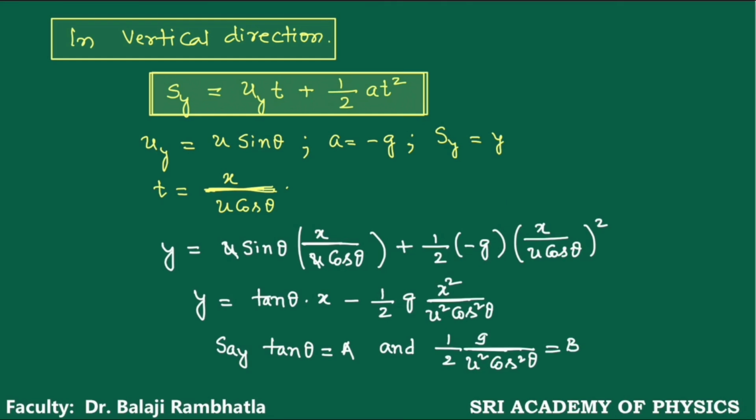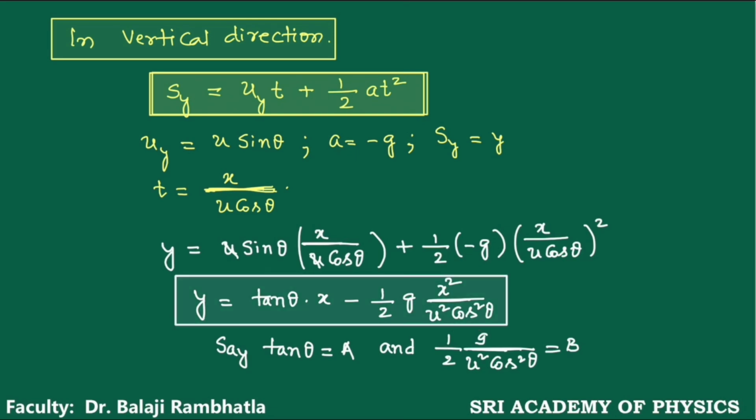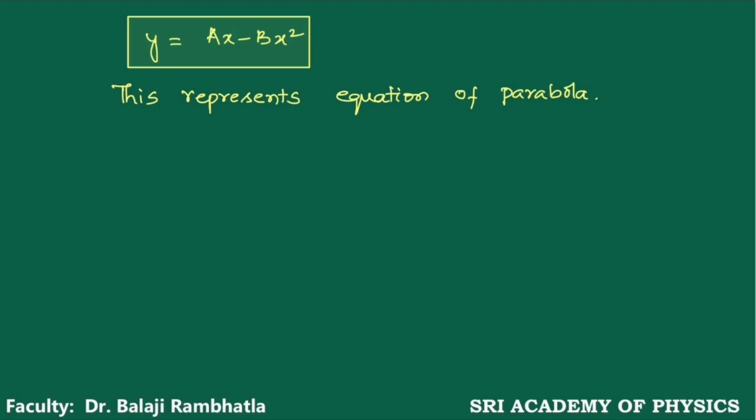Now this entire equation we can write as y is equal to ax minus b x square. This is the equation of the trajectory of a projectile motion. y is equal to ax minus bx square. This represents equation of parabola.